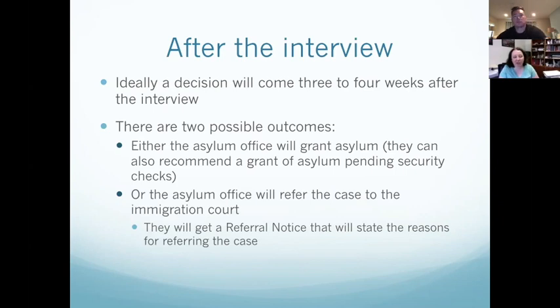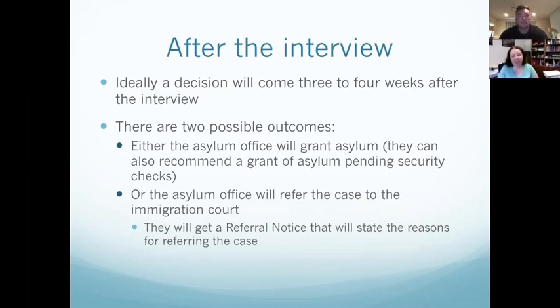And the other option, if they are not granted asylum or recommended a grant of asylum, is that the asylum office will refer the case to immigration court. So what they'll get, instead of asylum approval, at the top of the letter, it will say referral notice.